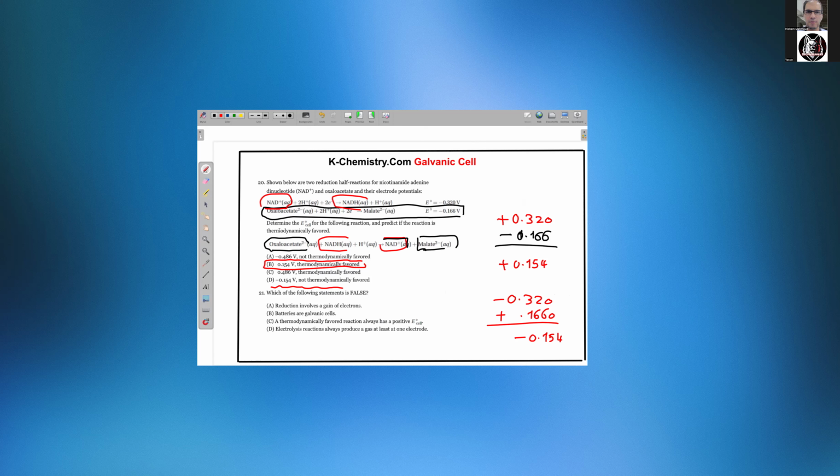NADH has been oxidized, it changed into NAD plus. And when this happens, it has lost electrons. So yes, that's oxidized. So if it is oxidized, you should reverse its sign.